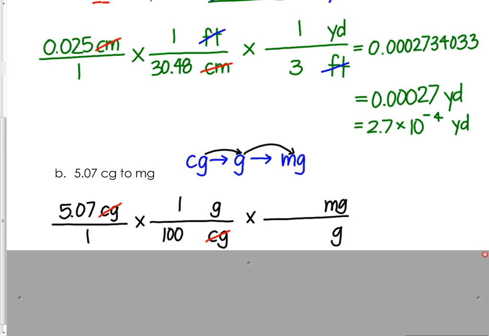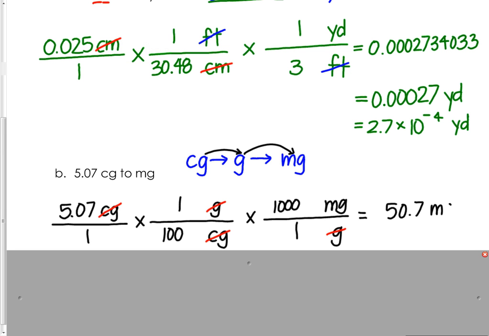A gram is bigger than a milligram, so I'm going to put the 1 by that unit. I know there are 1,000 milligrams in 1 gram. The grams have now canceled. If I write down my final answer, or do this in my calculator, I should get 50.7 milligrams.